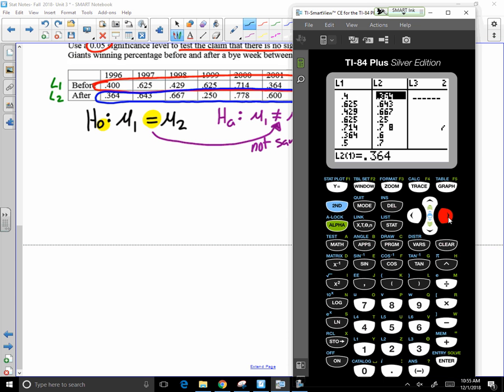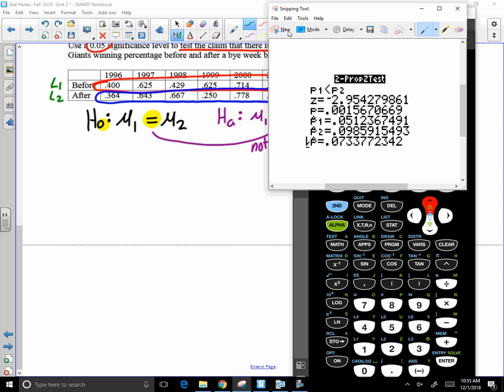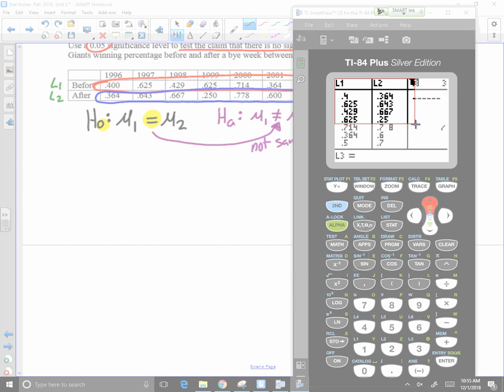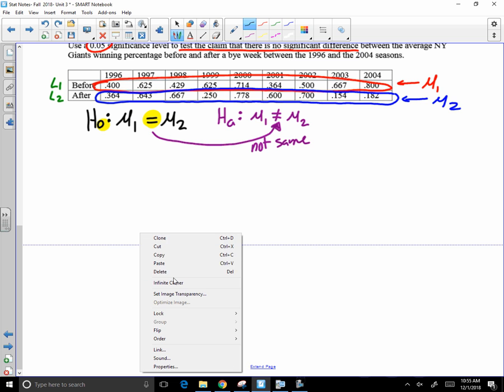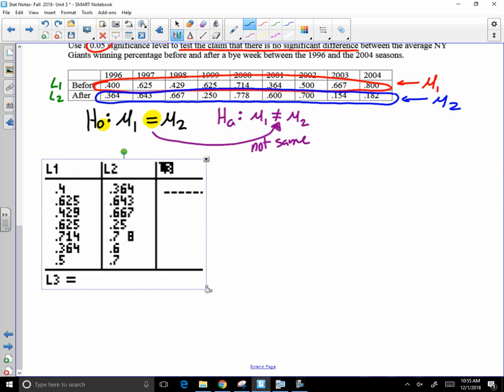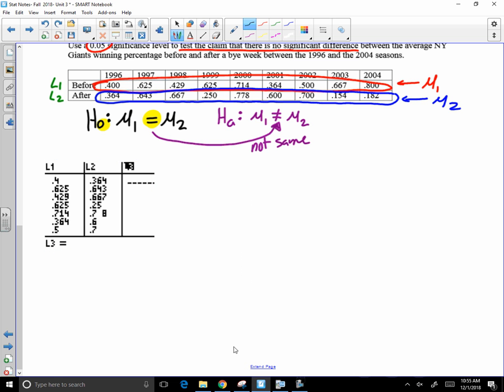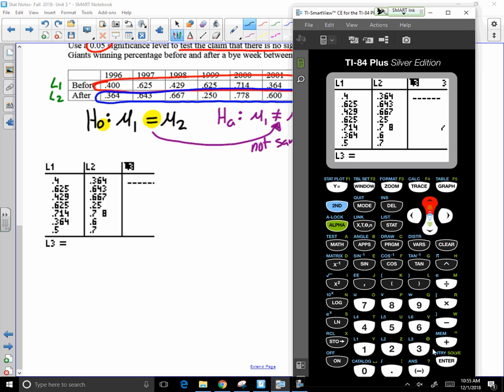So what I'm going to do is go over to L3. I'm going to hit enter on L3 itself, so the cursor is right on top of that L3. So hit enter on it, and you see your little blinking cursor will be at the bottom of the screen.